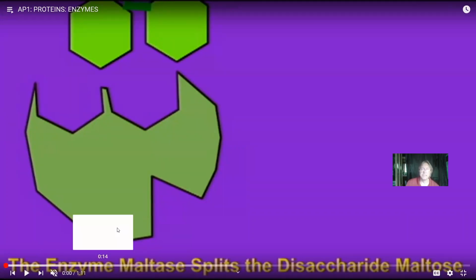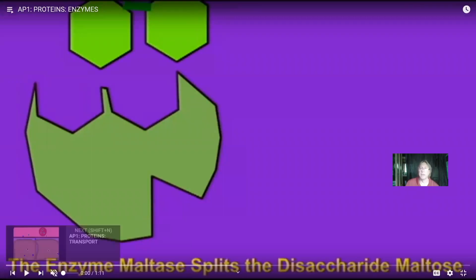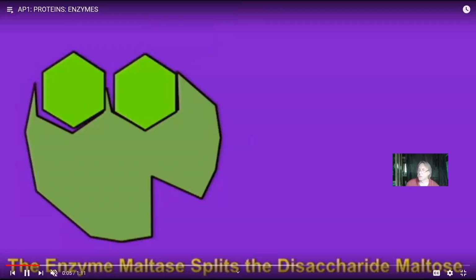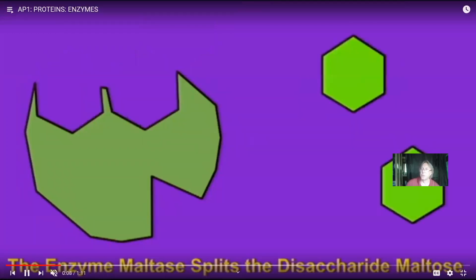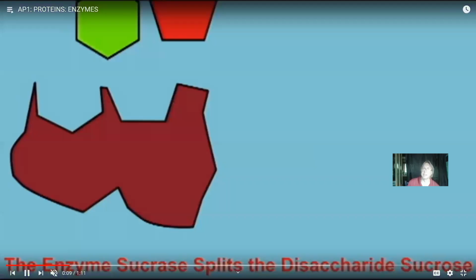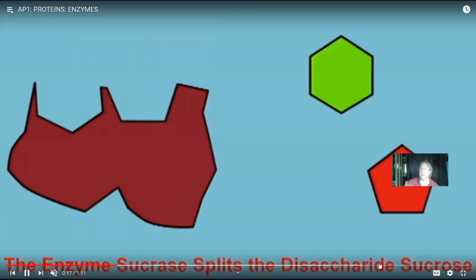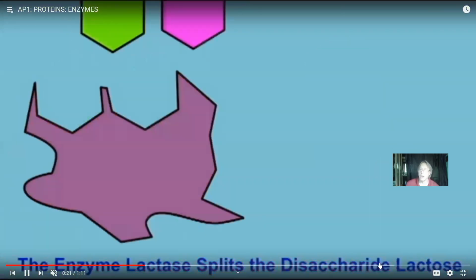Some proteins function as enzymes because in our bodies, we want chemical reactions to occur. So we want to take maltose in our diet and break it into the two pieces, which can be absorbed into the small intestine. We would like to take sucrose in our diet and lactose in our diet and break them into their component parts. And it's these enzymes, maltase, sucrase, and lactase, which break up those disaccharides.